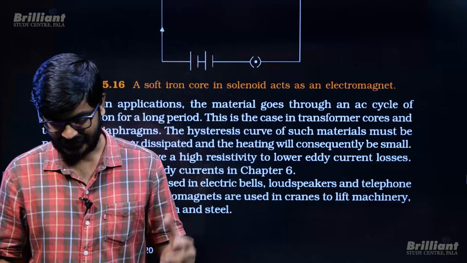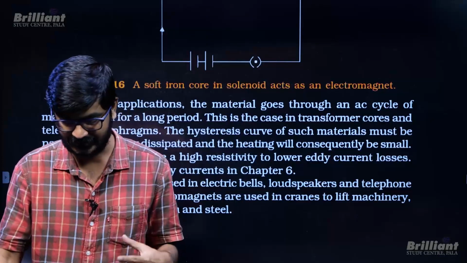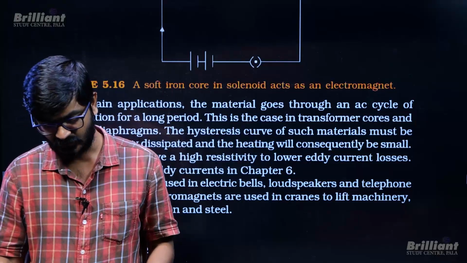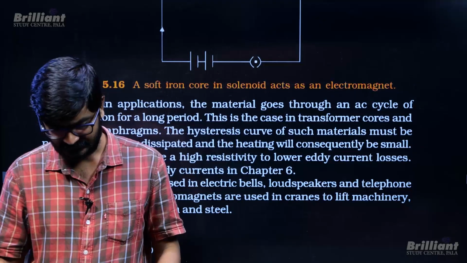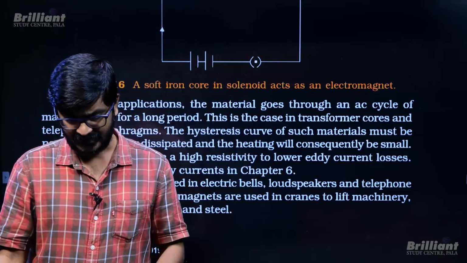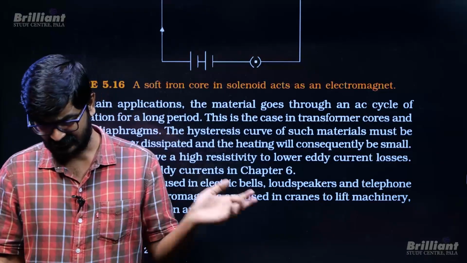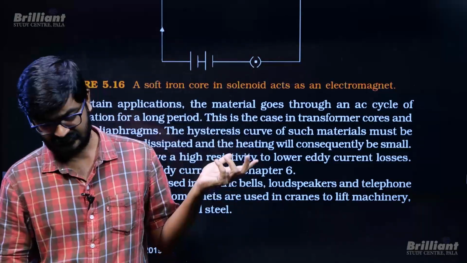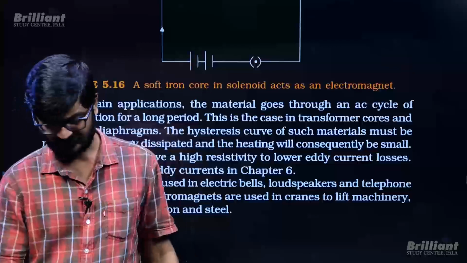You have seen area, right? Area must be less. The energy dissipated and heating will consequently be small. The material must have high resistivity to lower eddy current losses. You will study about eddy currents in the EMI chapter. Electromagnets are used in electric bells, loudspeakers, telephone diaphragms. Giant electromagnets are used in cranes to lift machinery and bulk quantities of iron and steel.